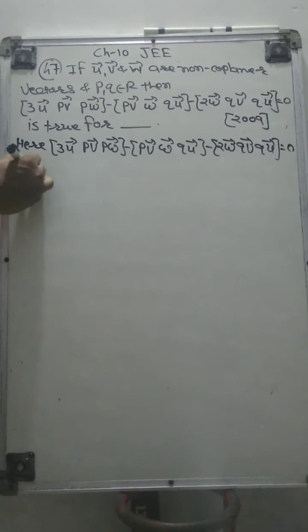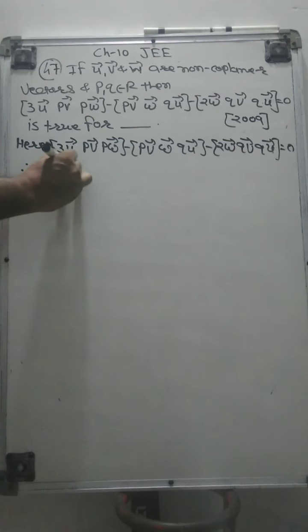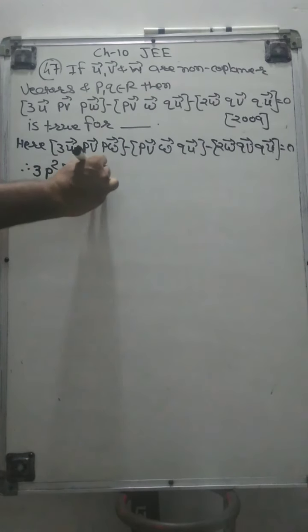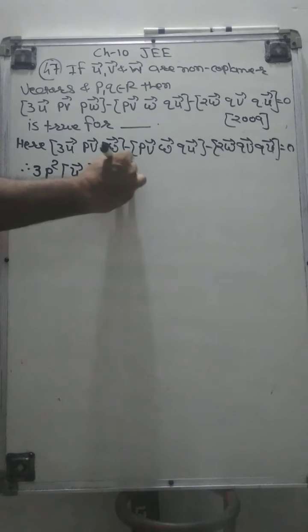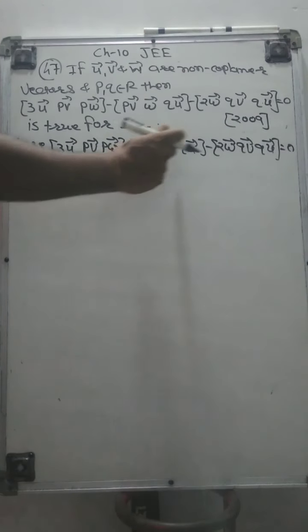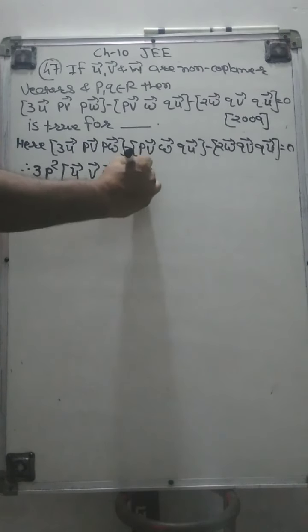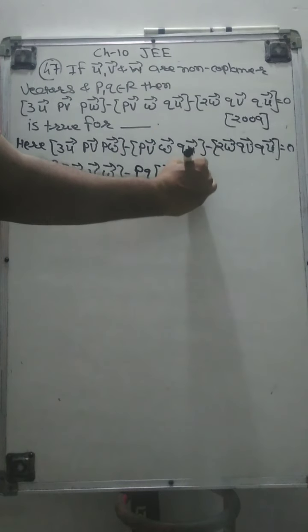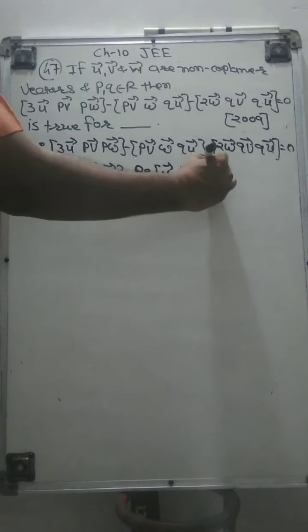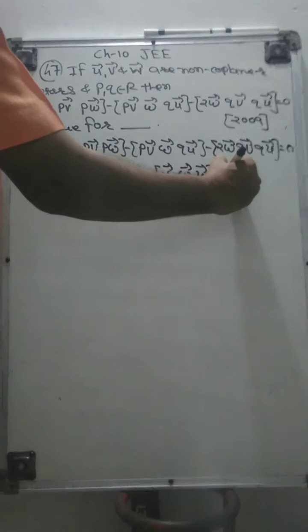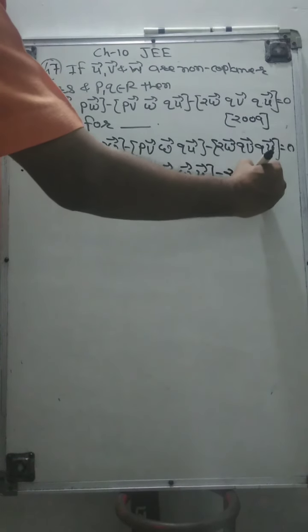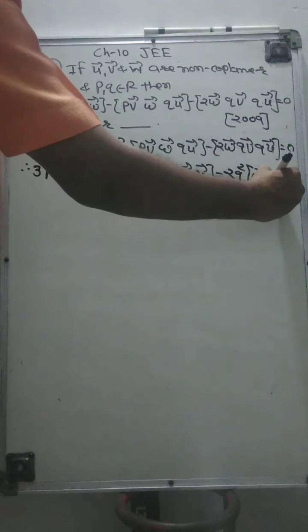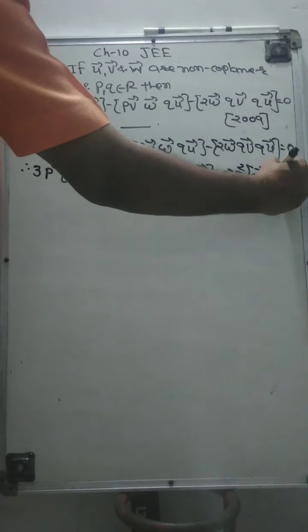So we have p square, and 3 is also common. So 3p square [U bar, V bar, W bar] minus p and q common from first and third row, pq, which is [V bar, W bar, U bar], minus 2q square is common, [W bar, V bar, U bar].